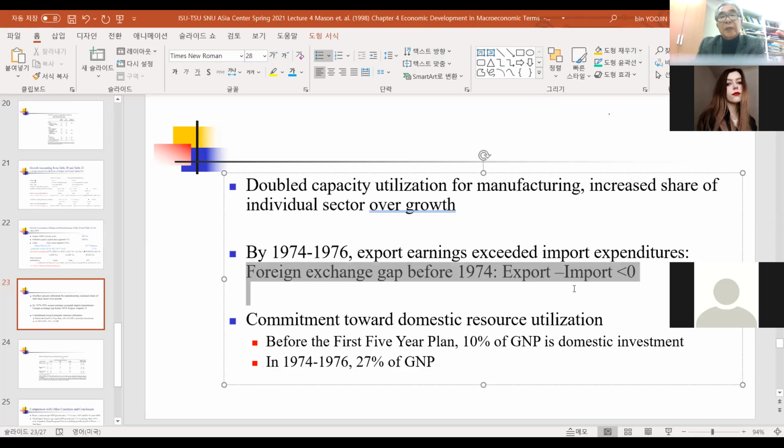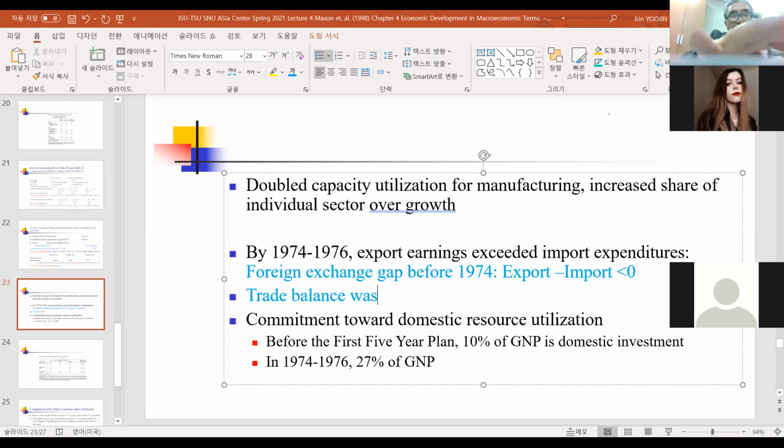So we can say that this was before that. This we call the trade balance. The balance was always in deficit, minus.